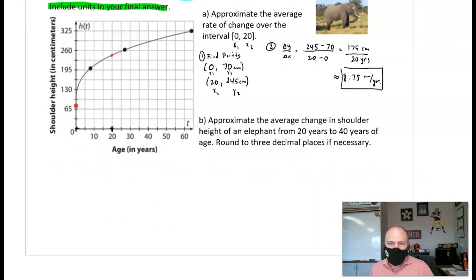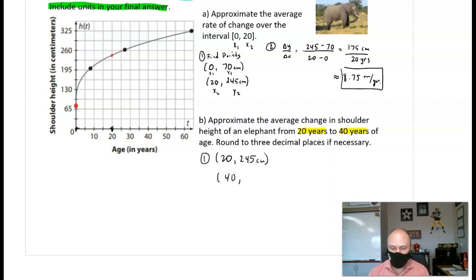Another example, part B. Now they ask us to approximate the average change in shoulder height of an elephant from 20 years to 40 years. This time they don't give us the x values in interval notation, but they do in words, 20 to 40 years. Step 1, my points: at 20 years, we just said the shoulder height of the elephant was 245 centimeters.